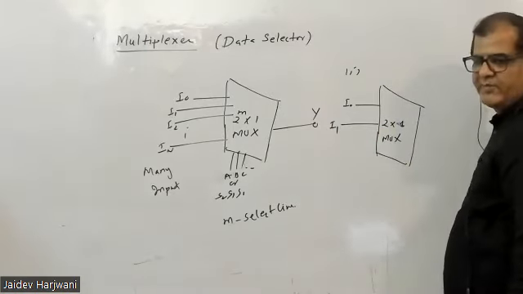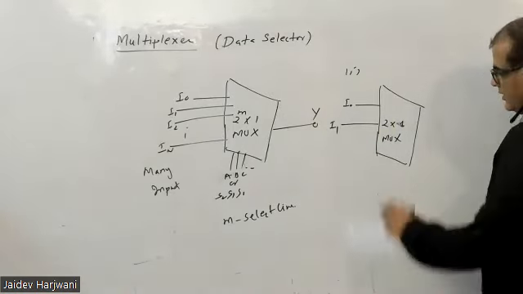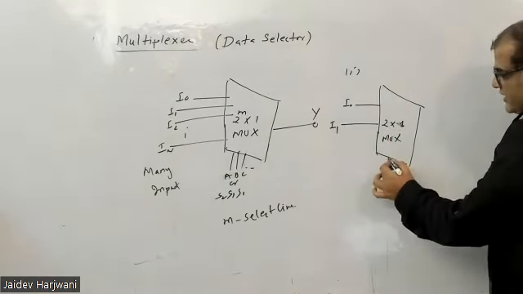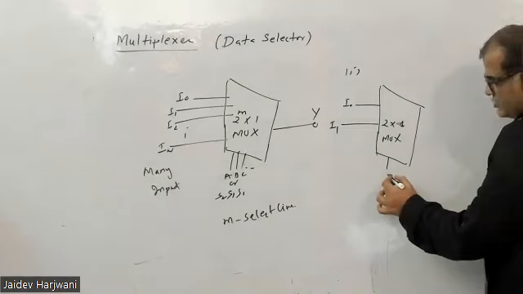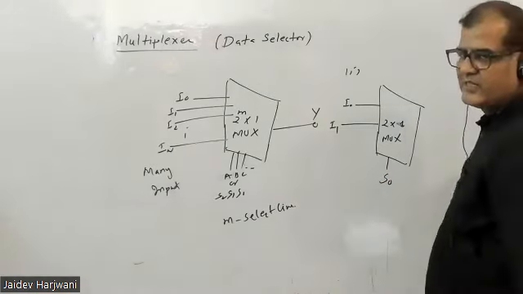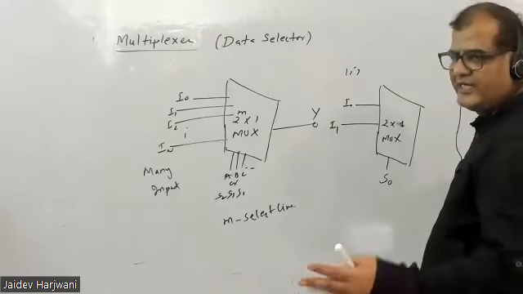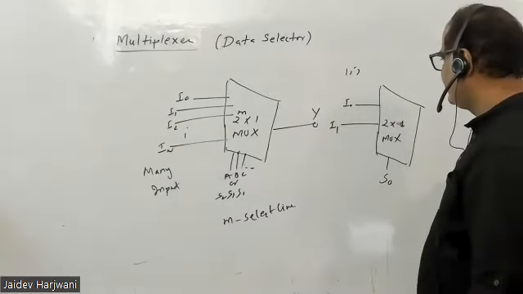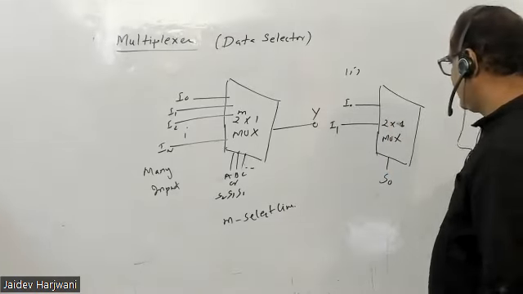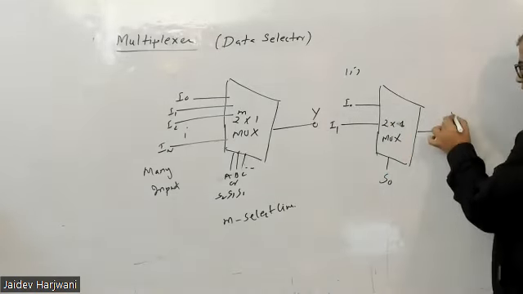So this is a 2 into 1 mux because it has only one select line. I'll call it S0, or A, B, C, anything, depending on the variable mentioned in the question, and it will give you the output.